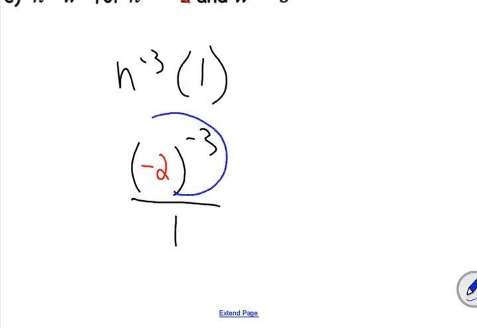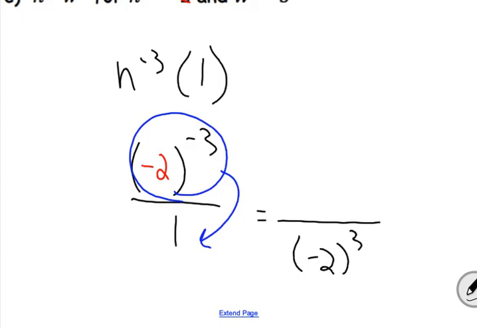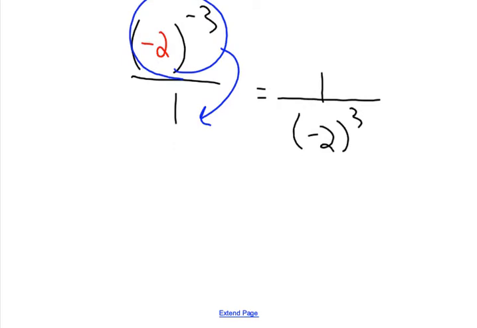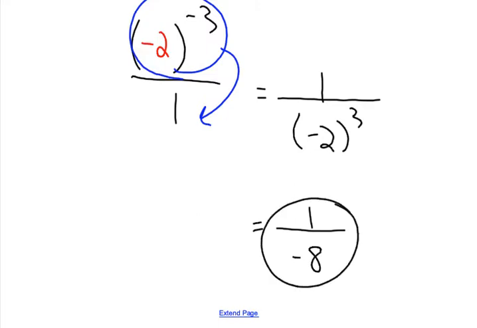I like to circle whatever the problem is so I know what I'm moving and I know what's staying where it is. So negative 2 to the third power gets moved to the bottom. Just like in that previous problem, what we had left on top is just a 1. So now we need to do negative 2 to the third power. So negative 2 times negative 2 times negative 2 gives you a negative 8. There's your final answer.